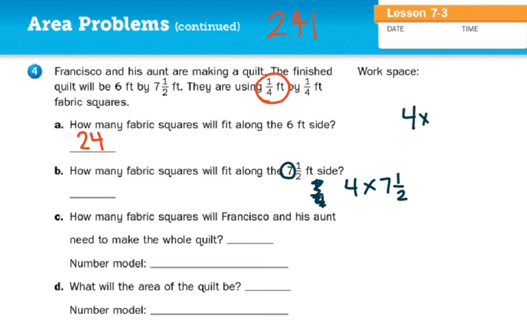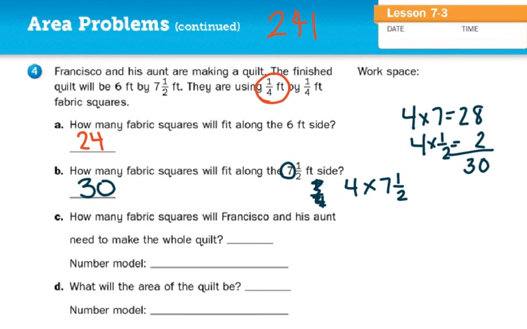So 4 times 7 equals 28. 4 times 1/2. Half of 4 is 2. Add those two together. He and his aunt will need 30 of them along the 7.5 foot side.